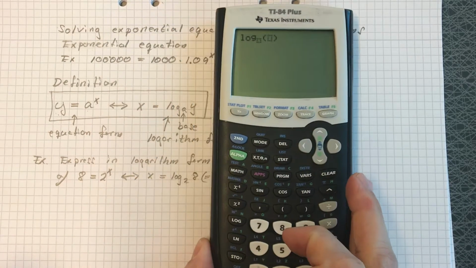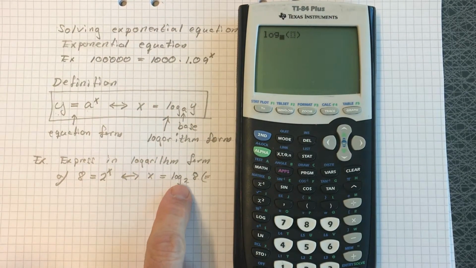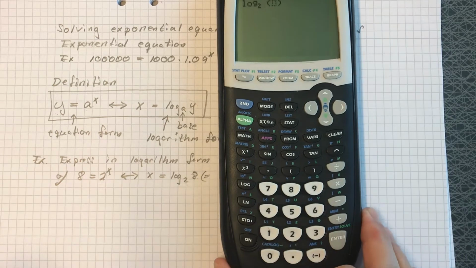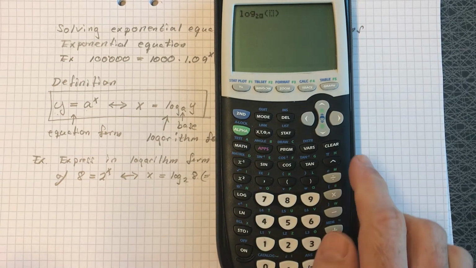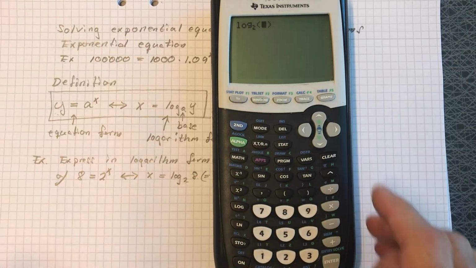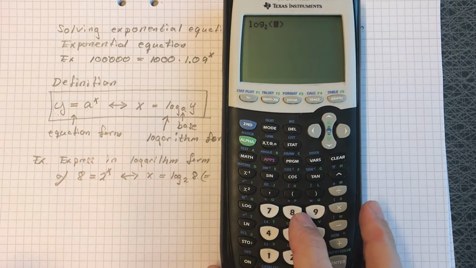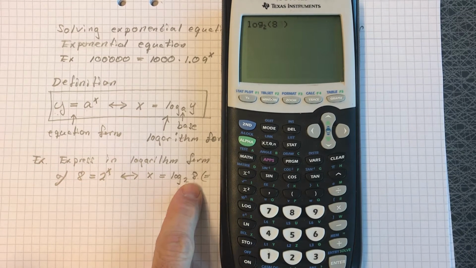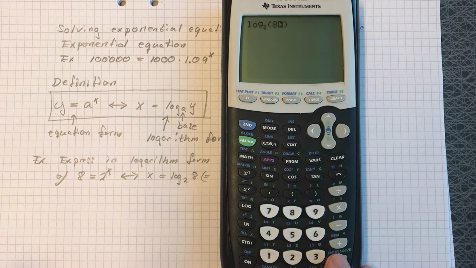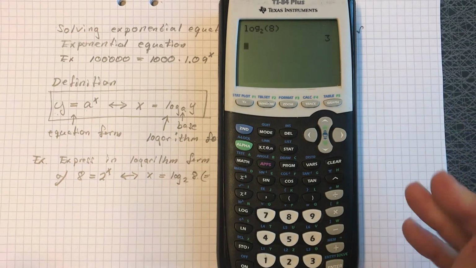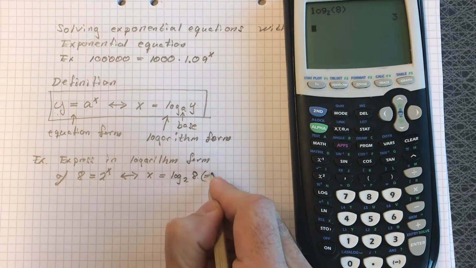And now log 2. 2 is the base. So you just press 2. You don't see it here, but I press 2. And then you take the arrow to the right, because now I want to stand inside the brackets here. And there I put 8. So log 8 with the base 2 is equal to, enter, 3. Just like we know that it has to be.